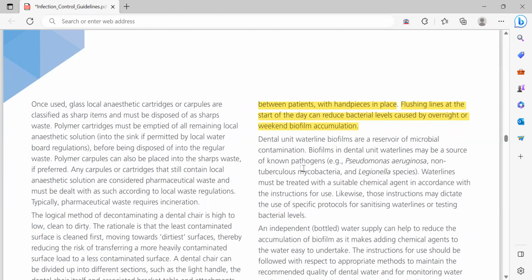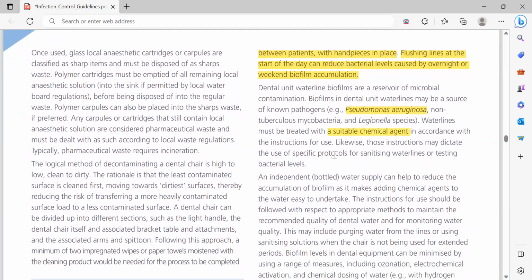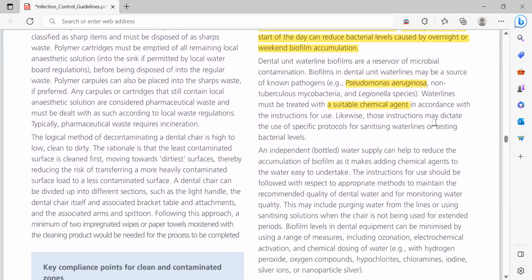Microorganisms that can be present in the water line sources could be Pseudomonas aeruginosa or any of the Legionella species. So water lines must be treated with a suitable chemical agent in accordance with the instructions for use. Likewise, those instructions may dictate the use of a specific protocol for sanitizing the water line.